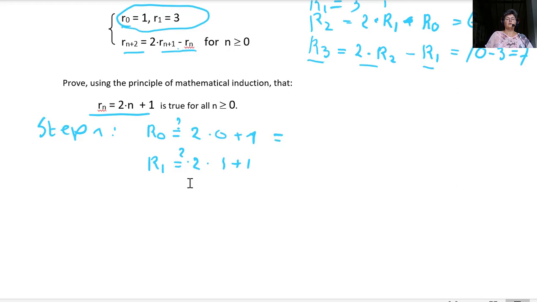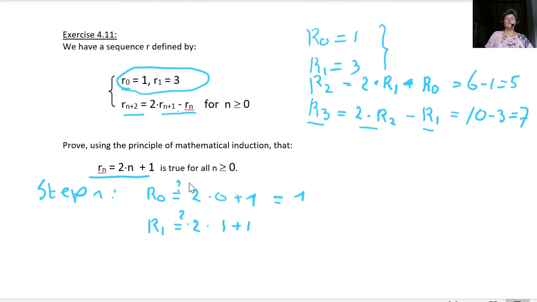Okay, R0 equals 2 times 0 plus 1, that gives us 1. And if we go a little bit up, that was the definition. Check. And R1 is 2 times 1 plus 1 equals 3. Again, according to definition. So we need to check 2 elements, but still it's administration.